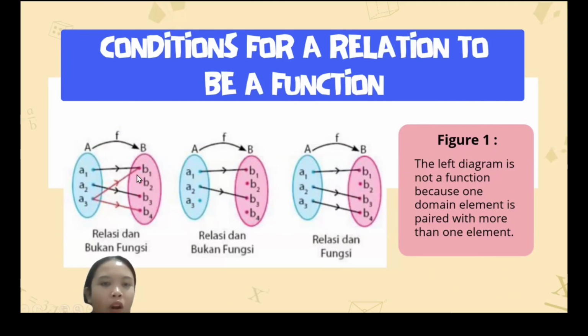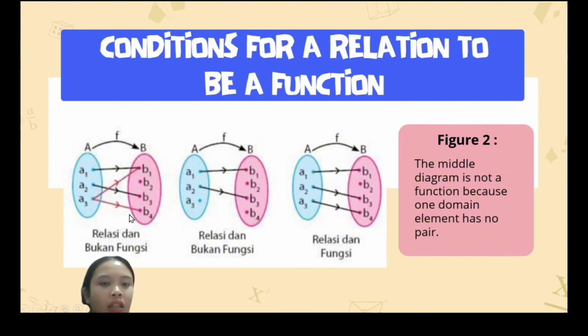The diagram on the left does not satisfy the condition of a function because there is one element in the domain that is paired with more than one element. For example, A sub 3 is paired with B sub 1 and B sub 4. So the left diagram is not a function.